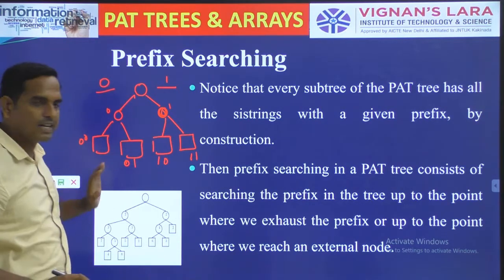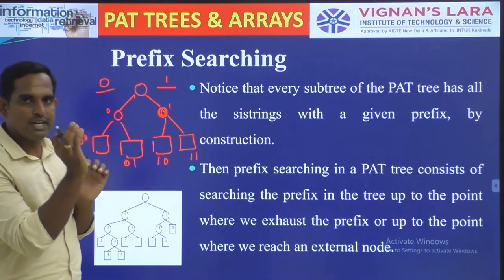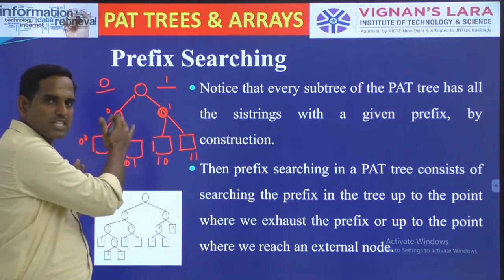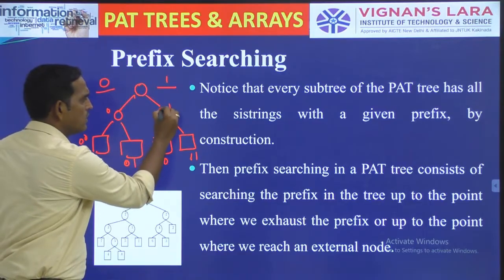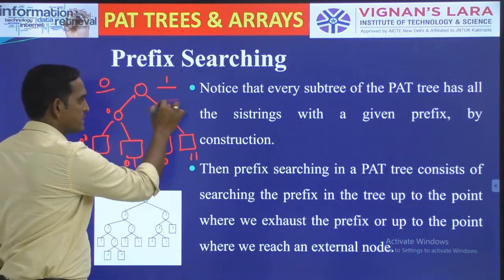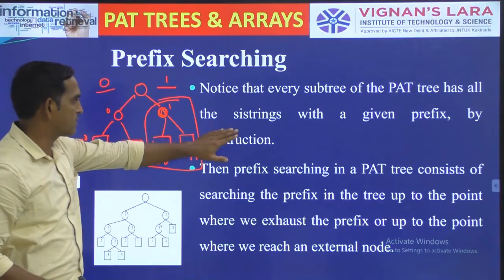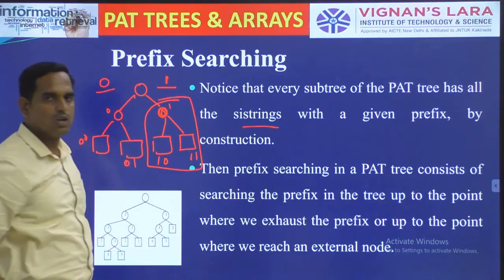At each and every node, if you have a larger tree, you can find the subtree that represents all the possible prefixes for that particular subtree. As you can see, this node represents all the possible strings which start with 1.